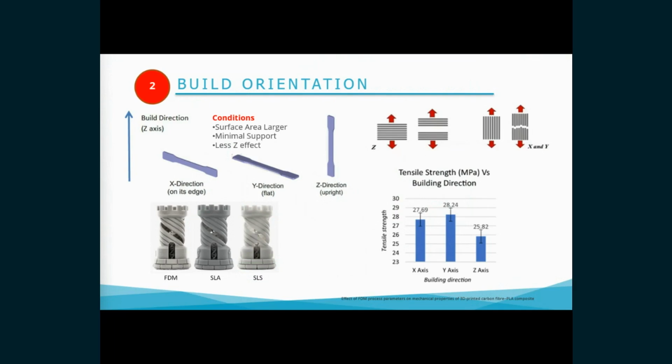For functional parts, it is important to consider the application and the direction of the loads. For example, FDM printed parts are much more likely to delaminate and fracture when placed in tension in the Z direction compared to the XY direction.